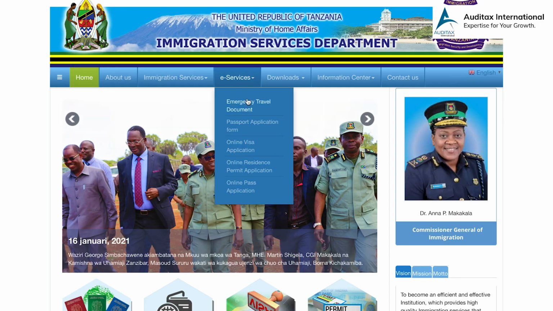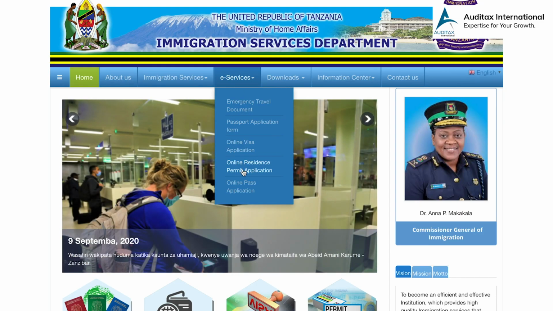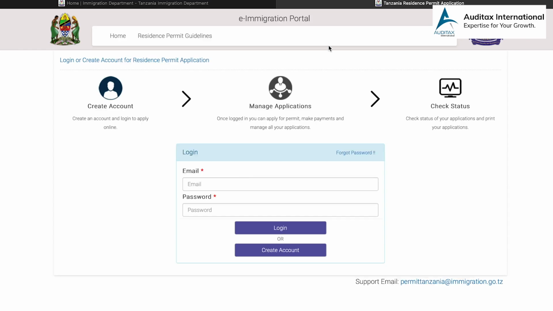Now we'll move to the procedures on how to obtain a work permit class A. I'll start with the work permit. There is an application form in the immigration portal where the applicant has to fill in all the information about that person.